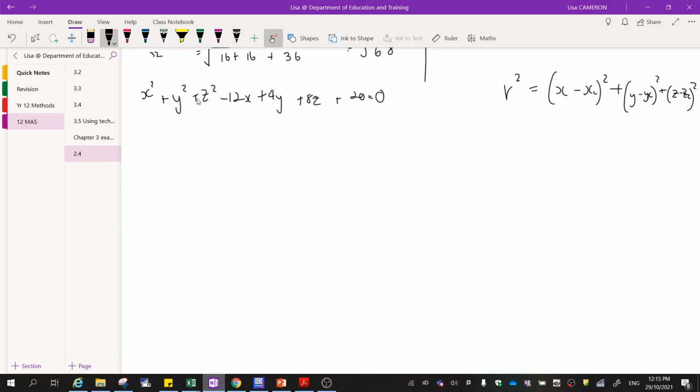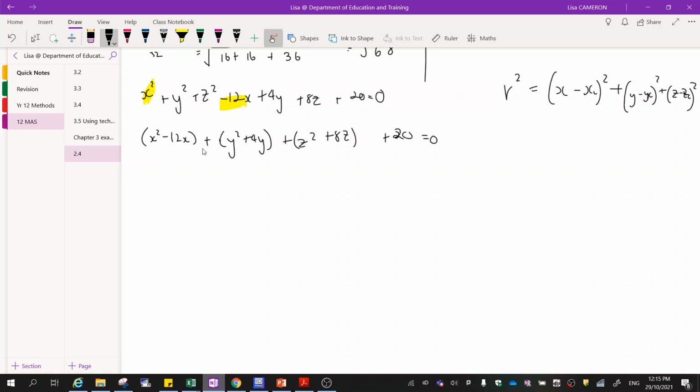Okay, so I'm going to first group together my components of x: x squared minus 12x. Then I'm going to do the same with y: y squared plus 4y. Then I'm going to do the same with the z's: z squared plus 8z. And then I'm going to just leave the 20 alone for now.